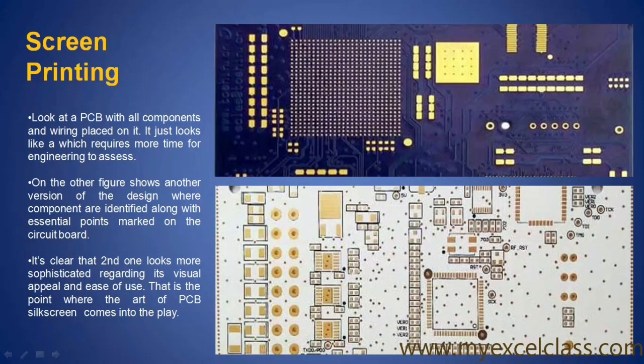First, in my first point: look at a PCB with all components and wiring placed on it.